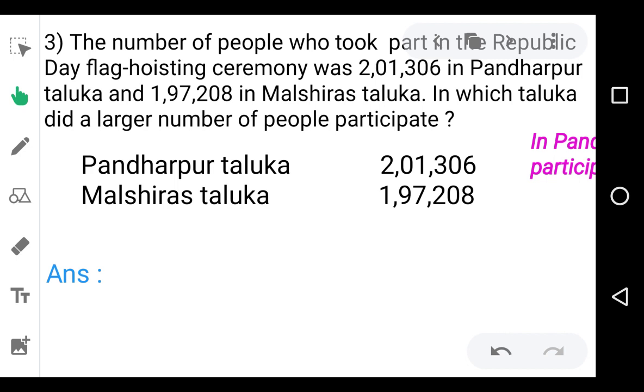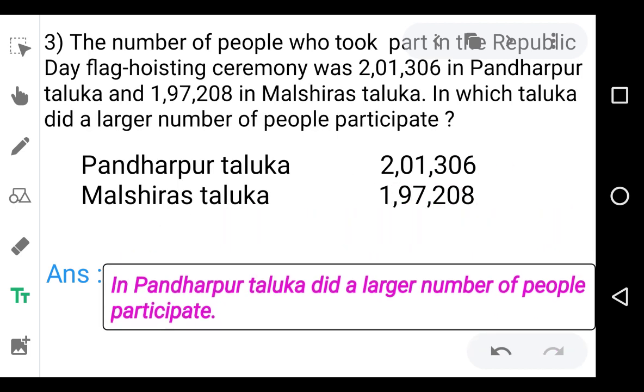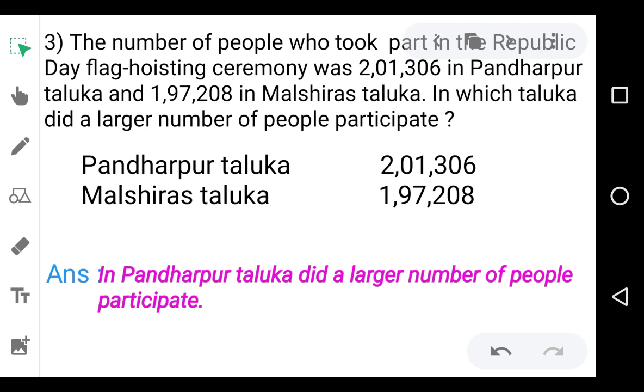So in Pandharpur Taluka, how many people participated? 2,01,306, and in Marshiraj Taluka 1,97,208. We can easily tell that in Pandharpur Taluka more people have participated in the Republic Day ceremony because this is 2 lakh. So the answer is in Pandharpur Taluka a larger number of people participated. Now see the next question.